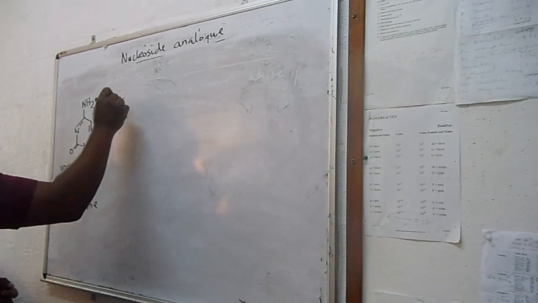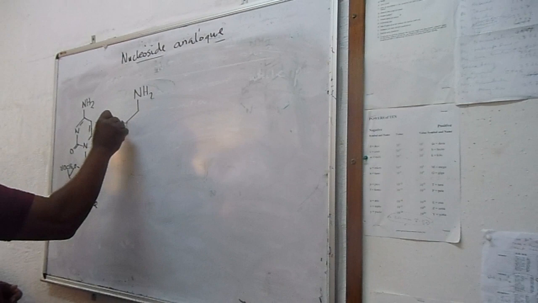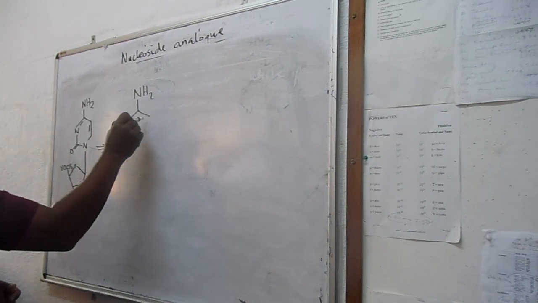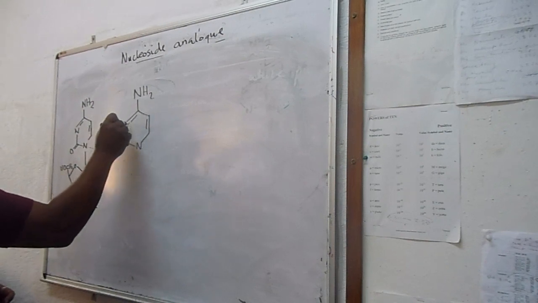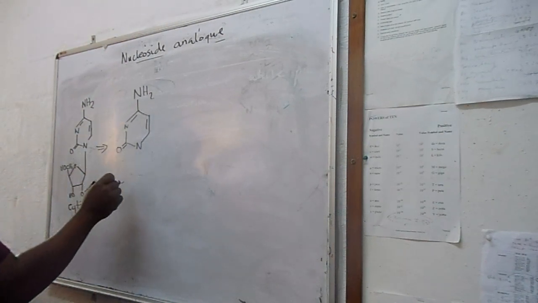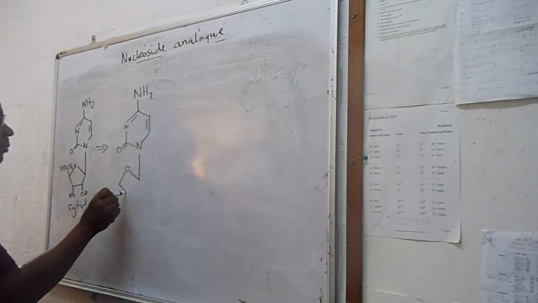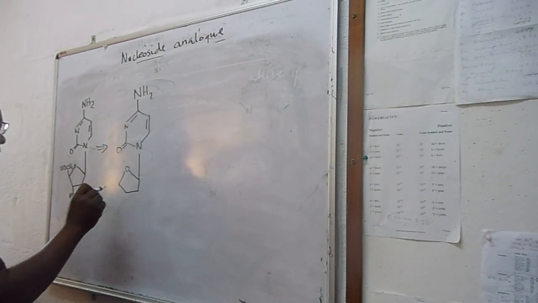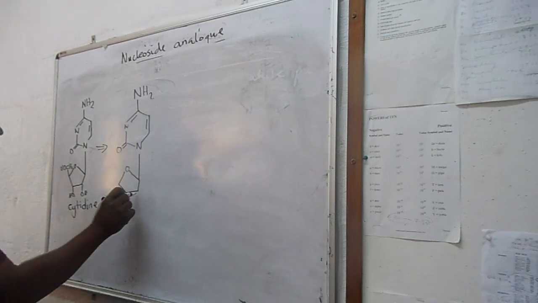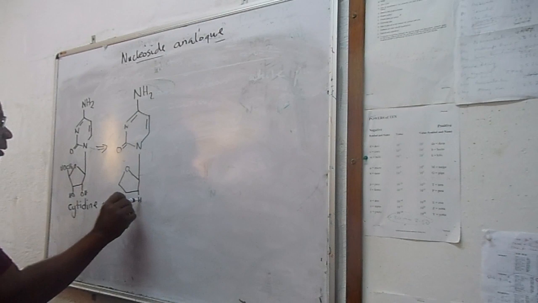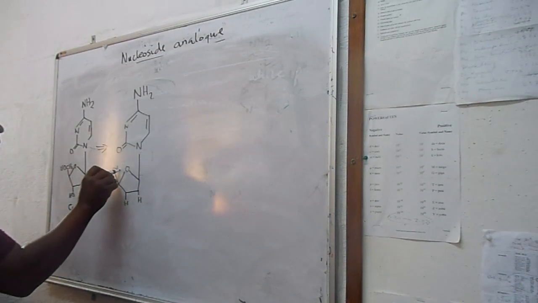So all that we have changed is this. It's on the sugar. We have removed the hydroxide, so we have remained with the hydrogen there. The rest remains the same.